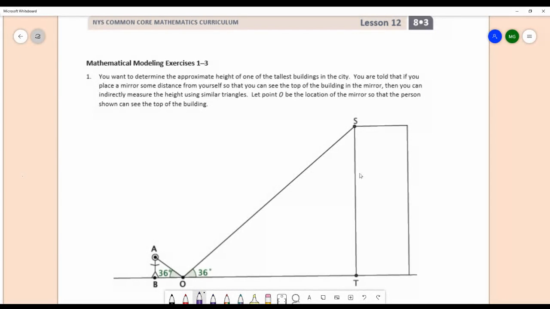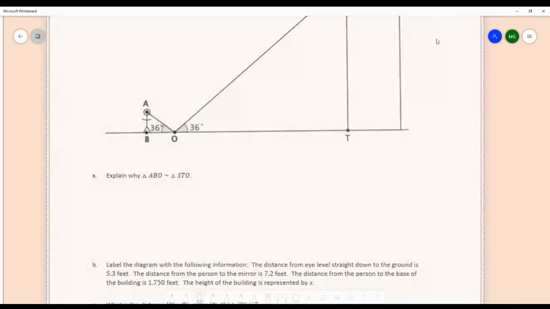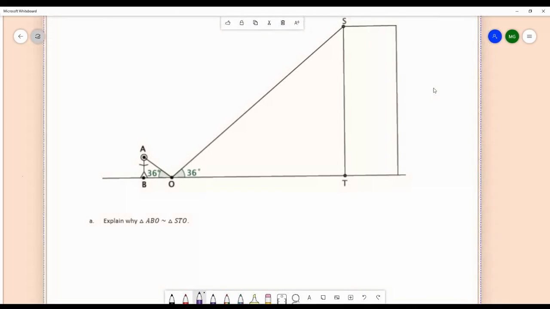So as we take a look at this and we see that mirror laying there, automatically, because that mirror is laying there, it creates the angle right here, AOB, which is 36 degrees. Therefore, the reflection angle is also 36 degrees. So we first have one of our angles. And they want us to explain why ABO, this triangle, is similar to STO, the larger one.